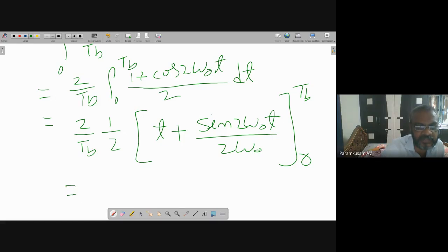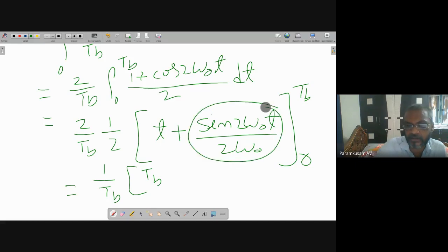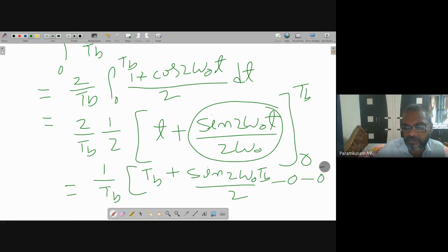The 2 gets cancelled, 1 by Tb. You apply the limits. When you apply the limits here, it is sin 2 omega naught Tb by 2 omega naught minus, if you apply 0, you will get 0.